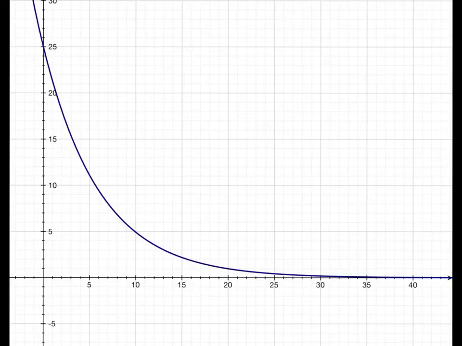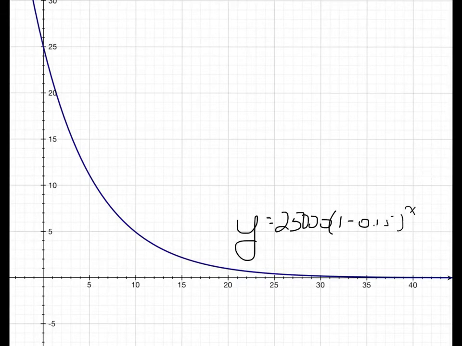So this graph shows the value of our function over time. And you can see that it is exponential decay, the way that it decreases very rapidly. Now, the equation of this function would be y equals 25,000 times 1 minus 15% to the x power. So that equation is exponential because our exponent contains the variable.